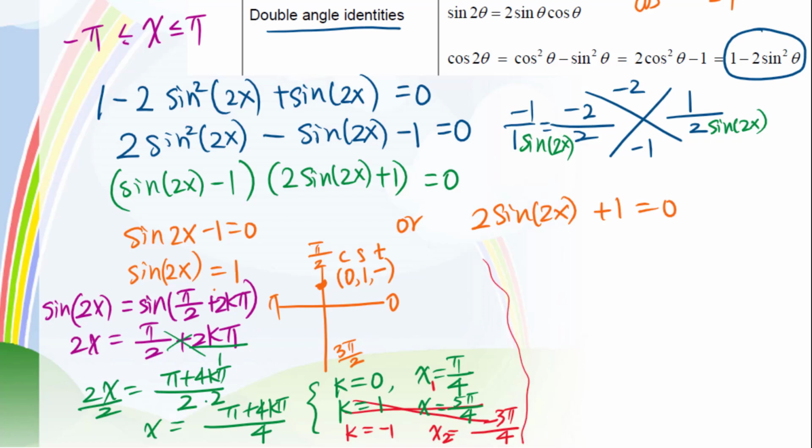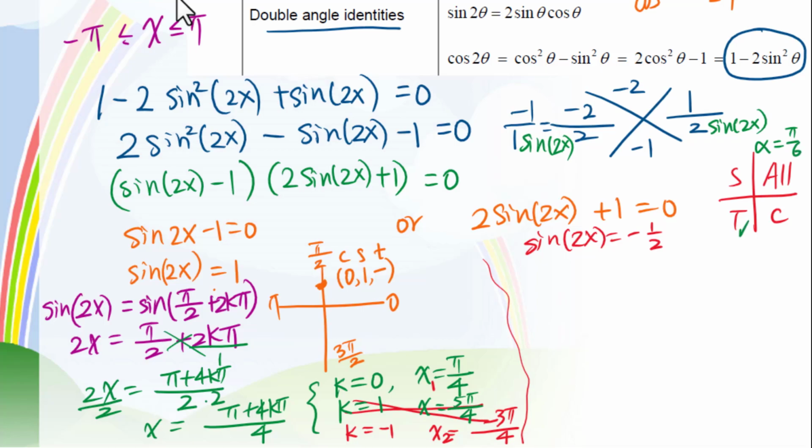Let's go to this one. Sine 2x equals negative 1/2. All students take calculus. Negative 1/2 is negative. The reference angle is pi over 6.